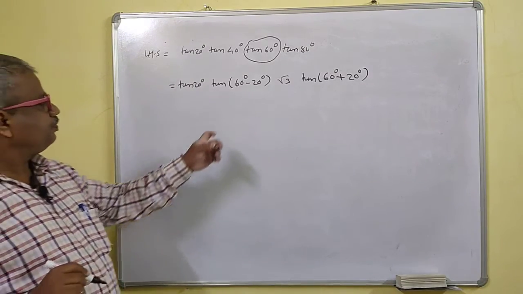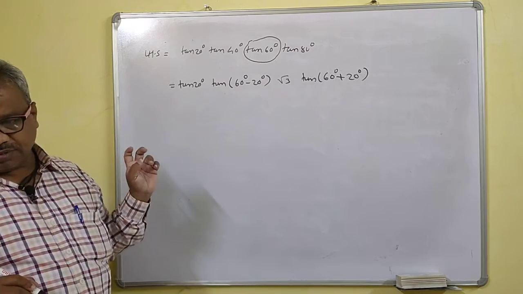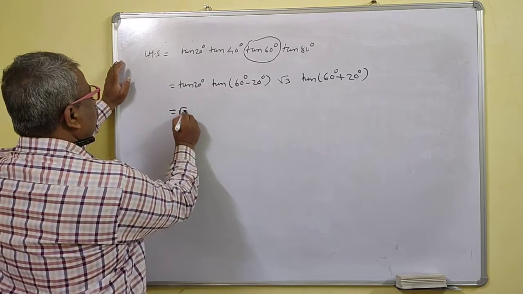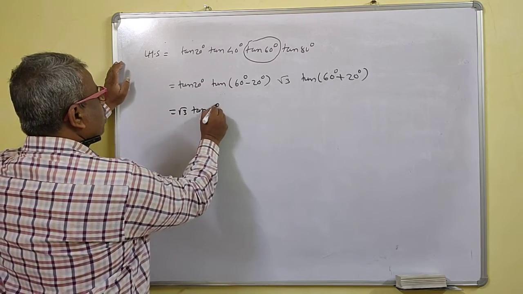Now what I will do? I will shift this root 3 to this side. So tan 20, keep tan 20 as it is now. So this is root 3 tan 20 degree.